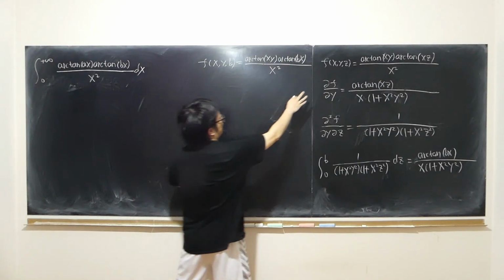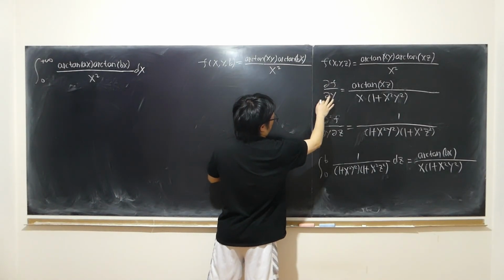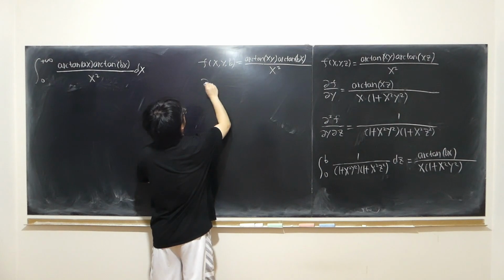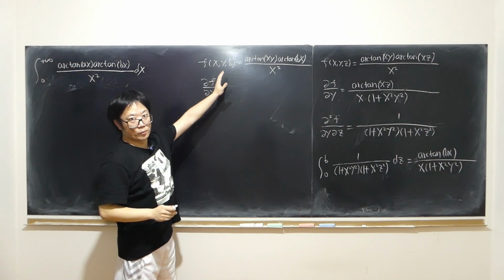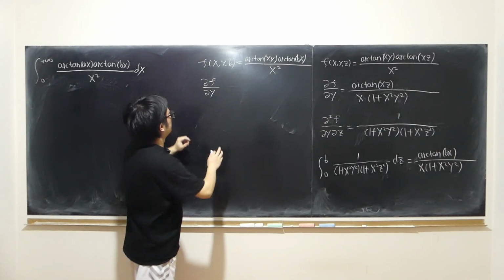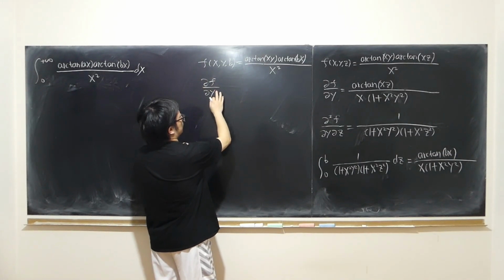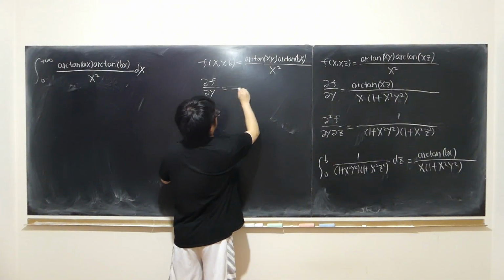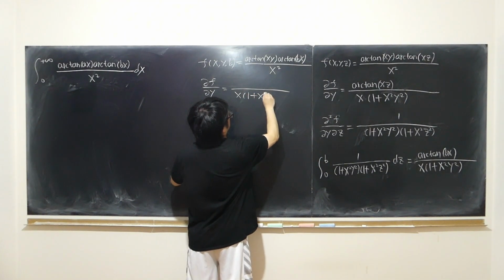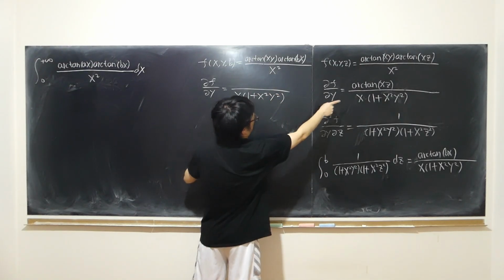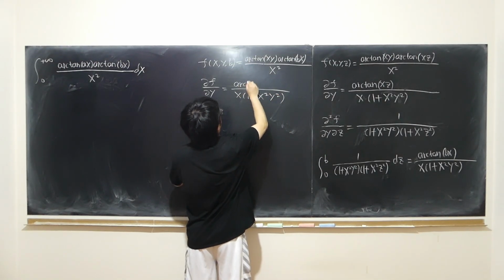And the only difference when I differentiate with respect to y is that for now we treat b as a variable as well, right? Three variables also. So df dy, no difference. So x over 1 plus x squared y squared, times arctangent.